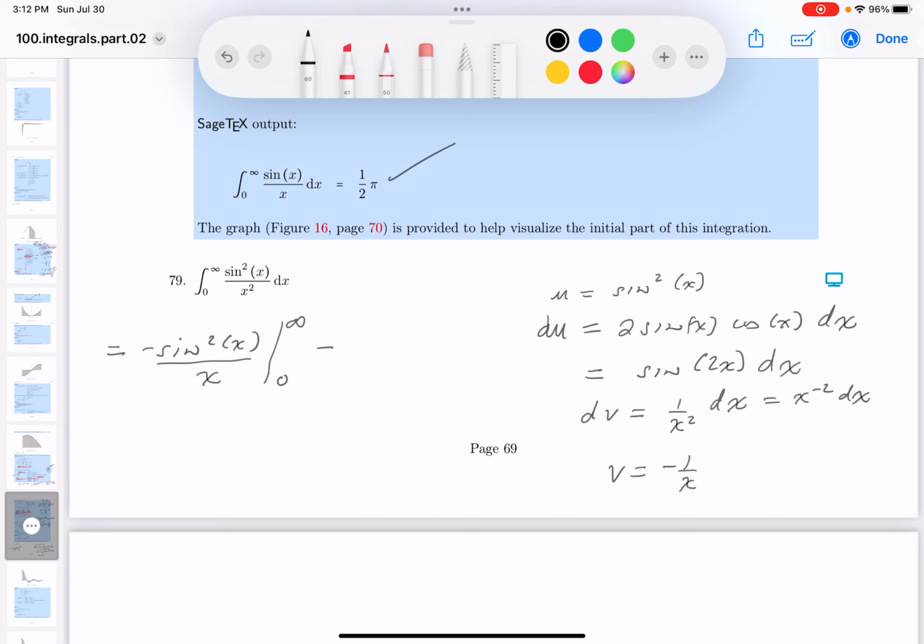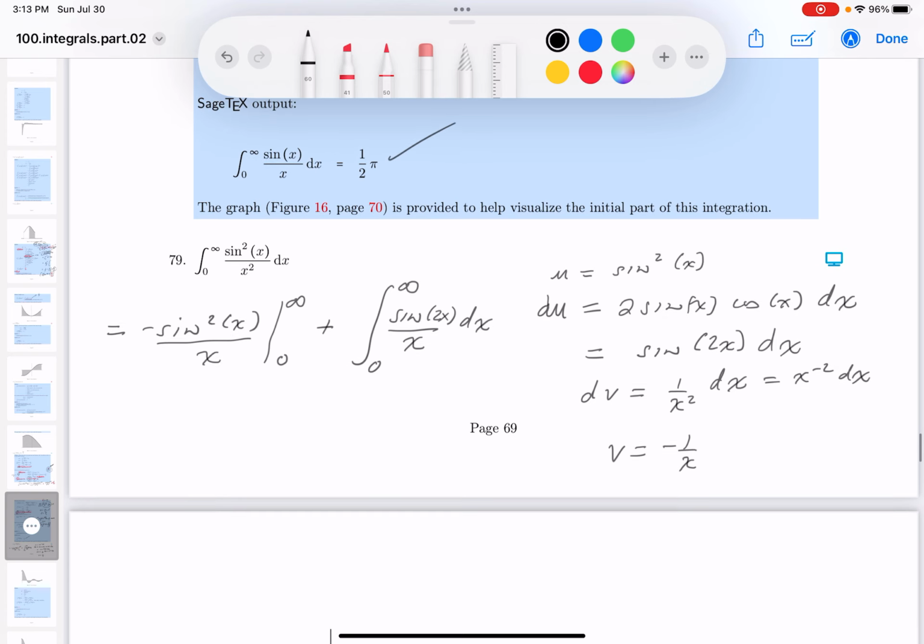And then minus v, so plus 1 over x, and then the du, which is sine 2x dx.